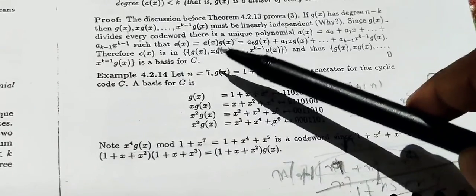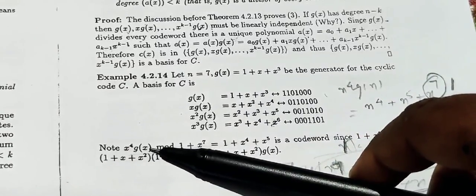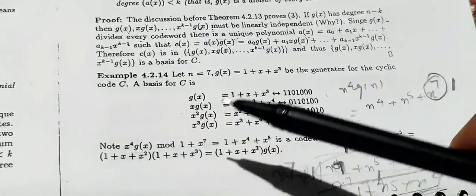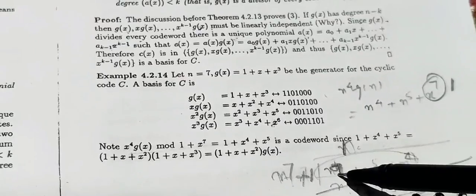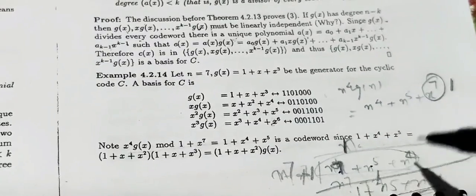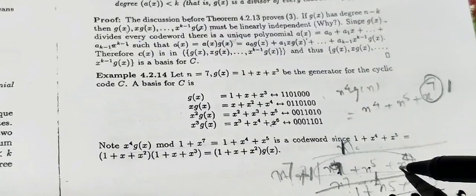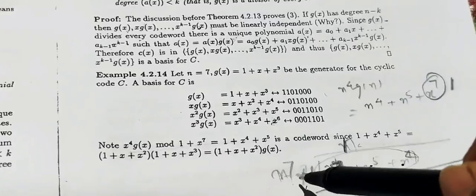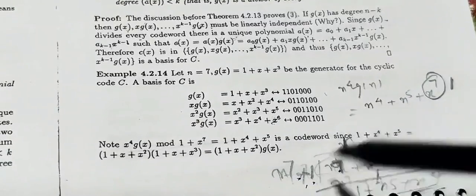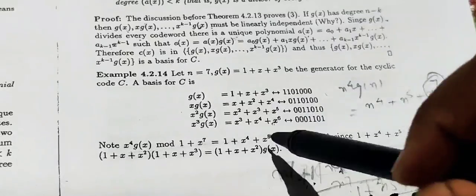Here n is equal to 7. So x raised to 4 into g of x, what will it be? x raised to 4 into g of x is x raised to 7 plus x raised to 5 plus x raised to 4. This polynomial is divided by x raised to 7 plus 1. So we get 1 plus x raised to 5 plus x raised to 4.